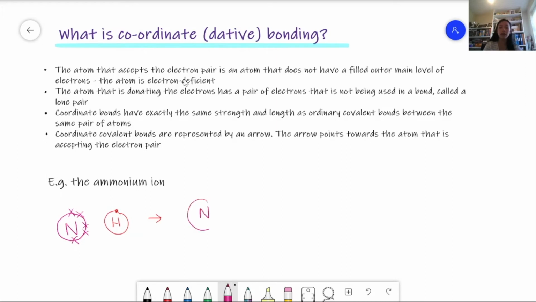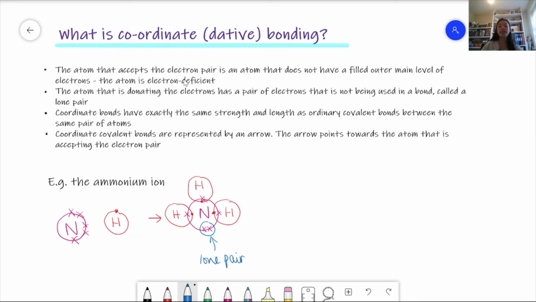So we have NH3 like this. So we have the hydrogens with the electron and the nitrogens with 1, 2, 3, 4, 5. So then these 2 here, that becomes a lone pair.